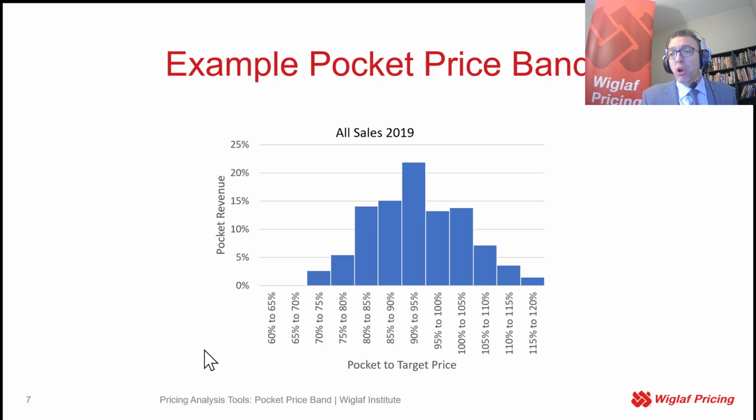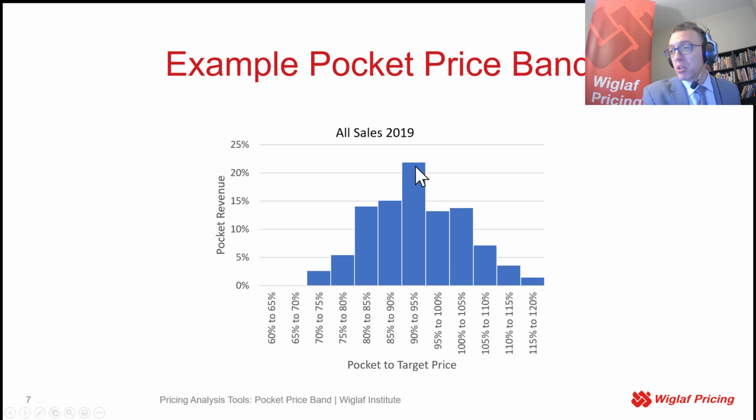And furthermore, we are actually going to measure what your actual achievement is to that target. Now, not every firm has an actual target price for all of their products, but you can see that this is just yet one more way of taking your data set and using the pocket price band to provide additional insights into what's going on.